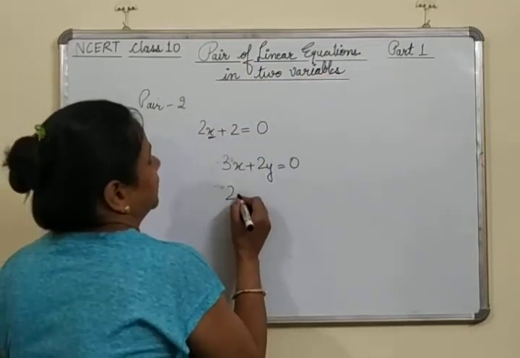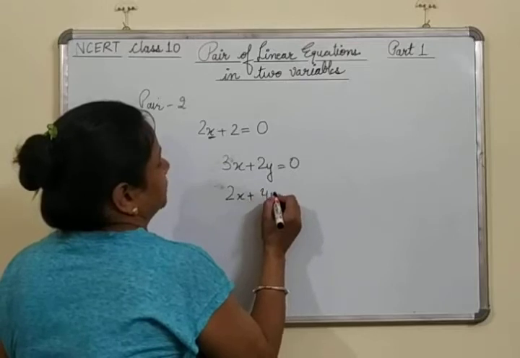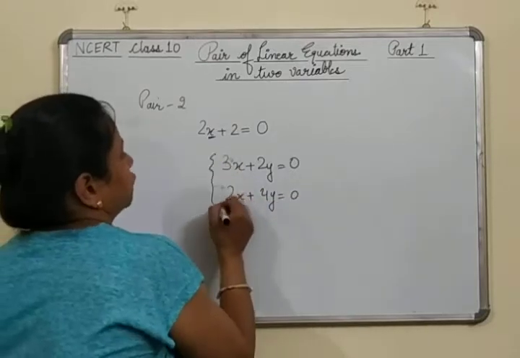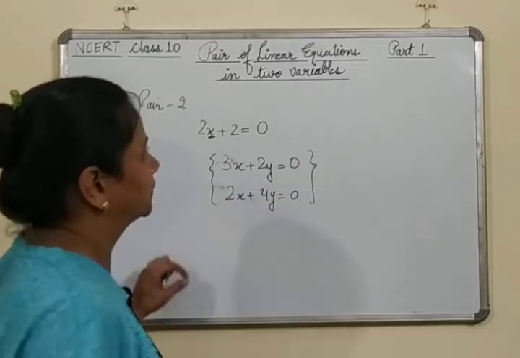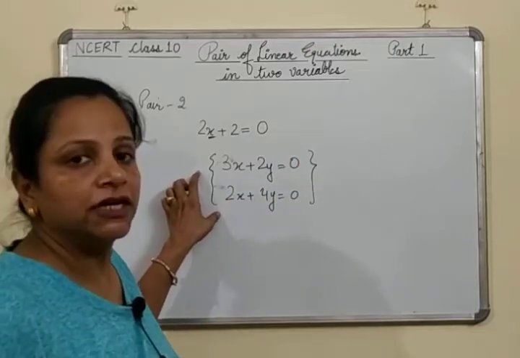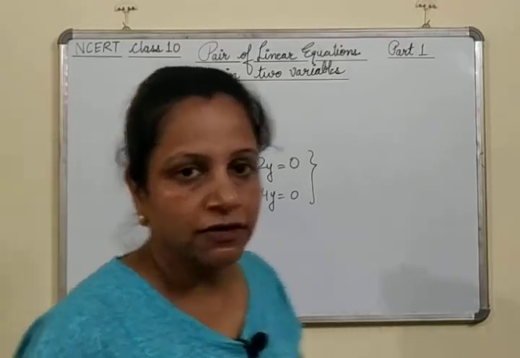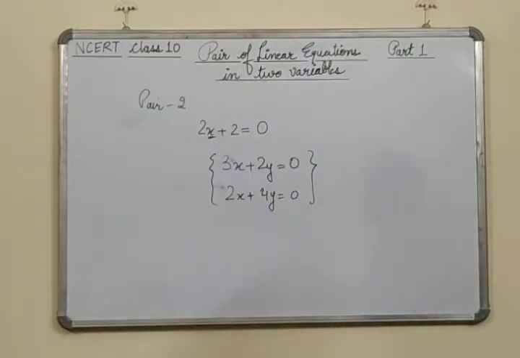Say for example, if I write one more equation here, then these two equations together form the meaning of the chapter, pair of linear equations in two variables. I hope it is understood what is the meaning of pair of linear equations in two variables.